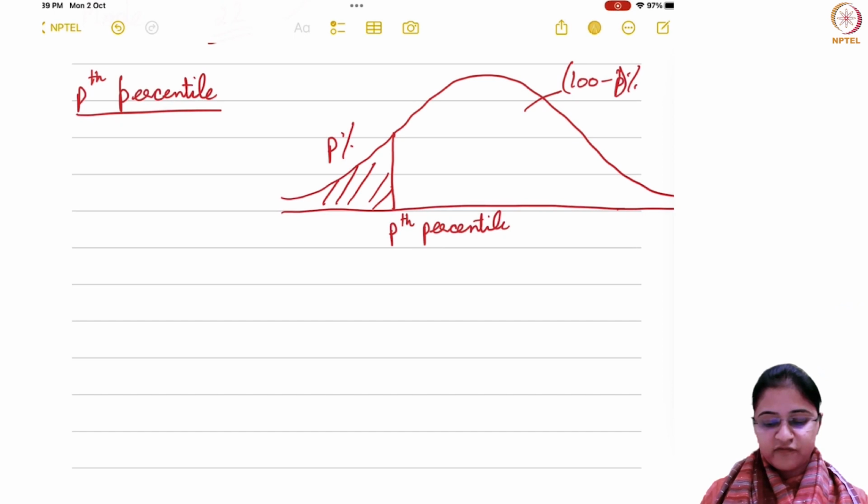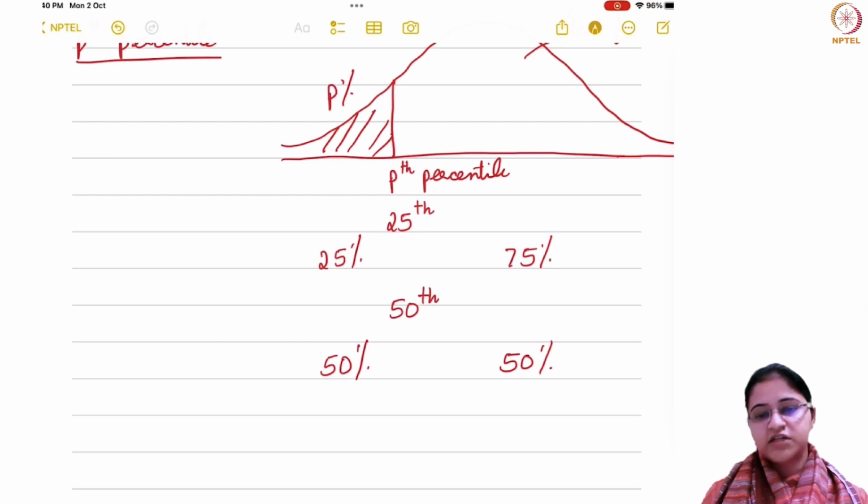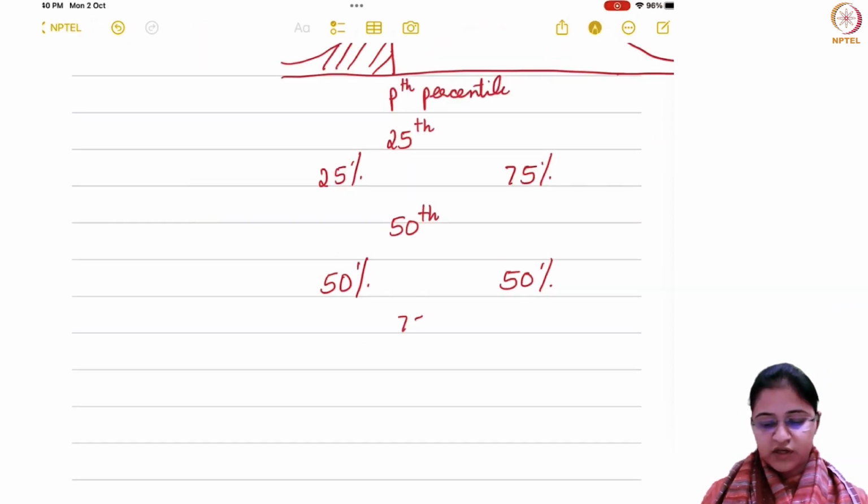So if I want the 25th percentile, it means that 25% of the observations are below it and 75% are above it. Similarly, I can have the 50th percentile also. The 50th percentile means that both sides have equal distribution of the data, that is, 50% on both sides. Similarly, you can consider the 75th percentile also.